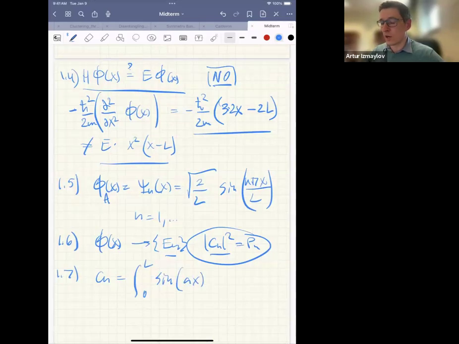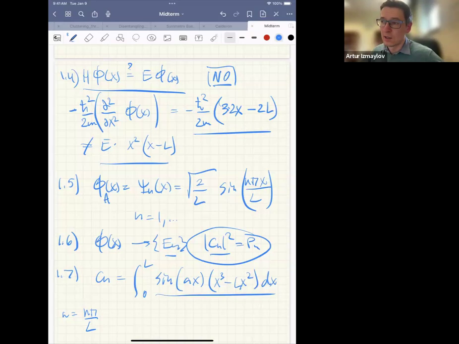ax, where a is n pi divided by L. Just for short notation, I keep it a here, multiplied by x cubed minus Lx squared dx, right? So that's the integral that you need to take. Two parts of that integral were given, times some constants, of course.